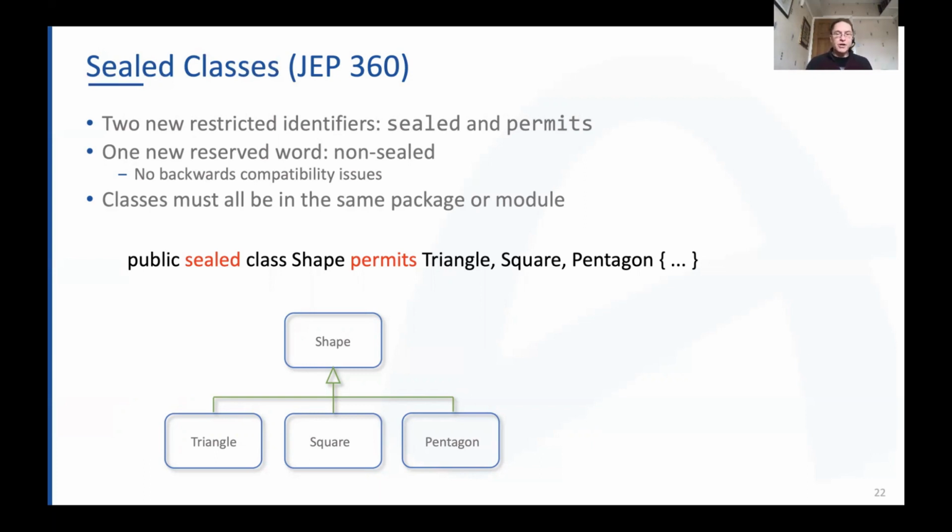However, what we now can't do, which we could have done before, is to try and have another class called Circle inherit from Shape. Because if we try and do that, because it's not listed in the permits set of classes, then it will fail and you'll get a compiler error. So we're now saying only those three classes, Triangle, Square, and Pentagon, can subclass Shape, Circle cannot.